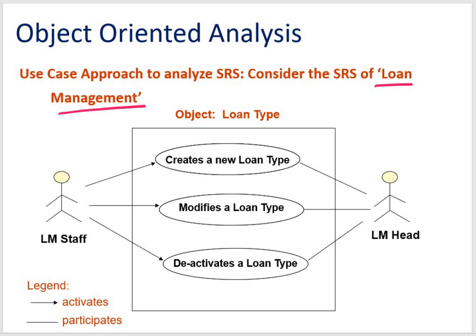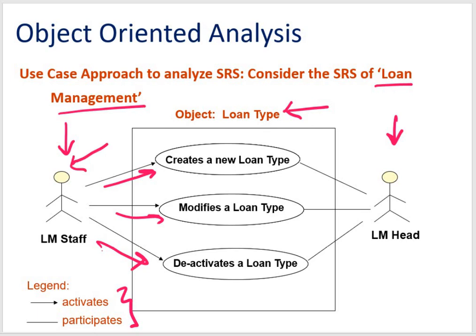In that, we can have an object of loan type, and the entities are the loan management staff and the loan management head, creating a new loan type, modifying a loan type, deactivating a loan type. From these two kinds of arrows, the loan management staff activates it and the loan management head participates.